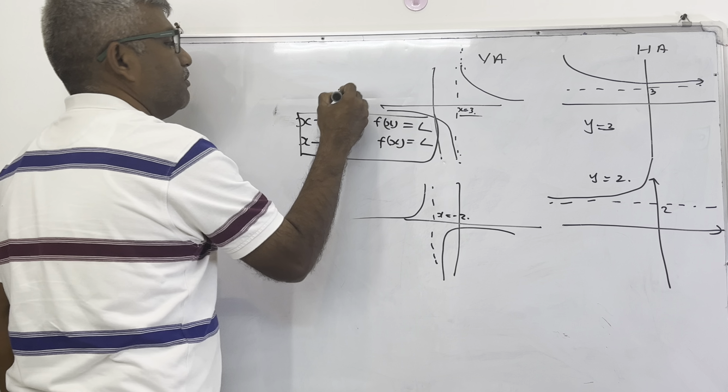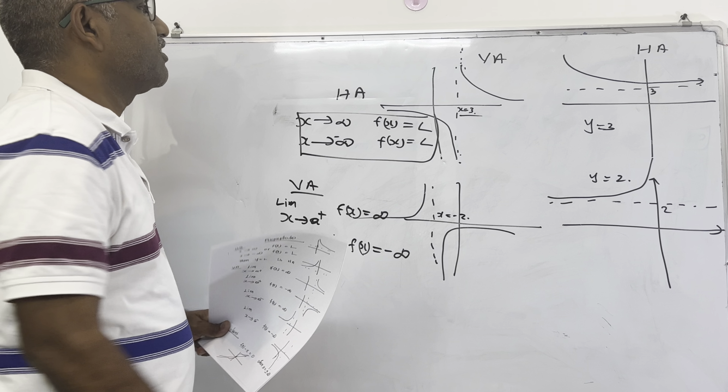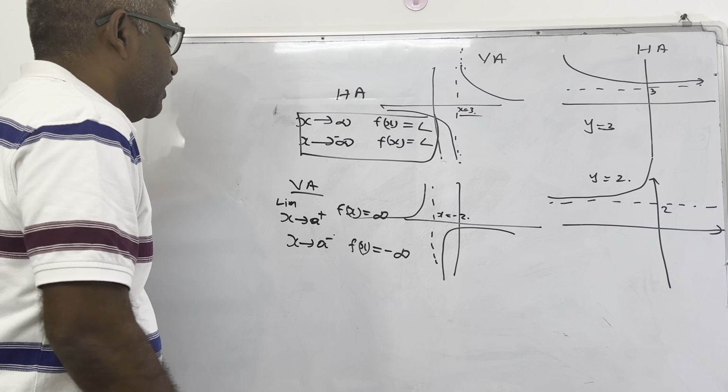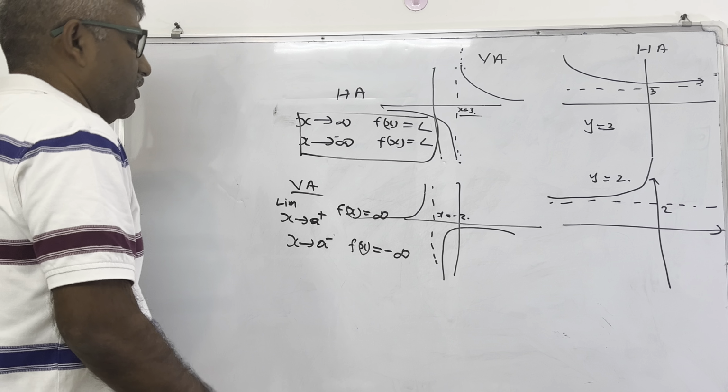In the same case, this is a vertical asymptote. When x is approaching a, f of x is infinity. Here also the same, another case is when x is approaching a plus, f of x is negative infinity. When x is approaching a minus, f of x is plus infinity. In the four cases, it is called vertical asymptote. Okay. Horizontal asymptotes rarely will come. That also we will note down. You note it down.